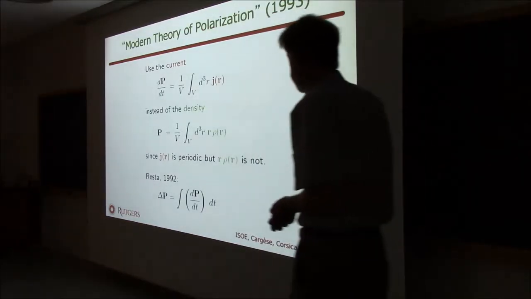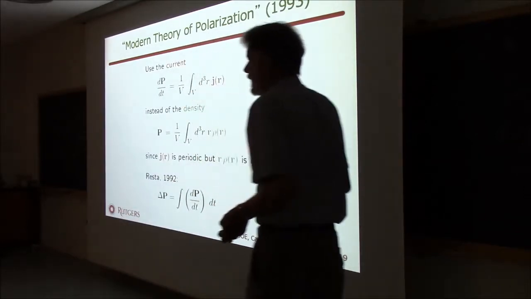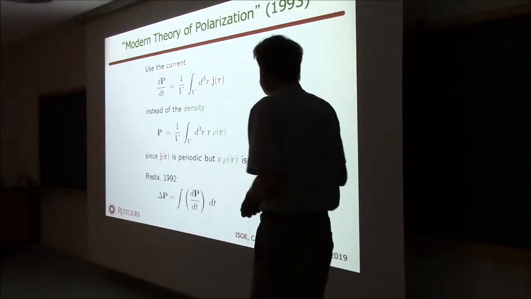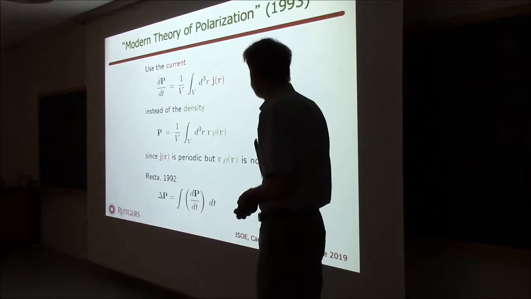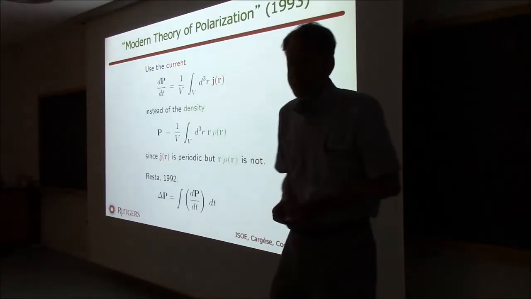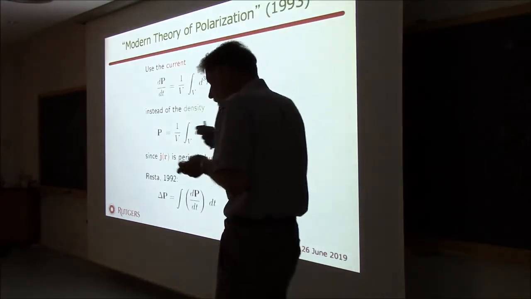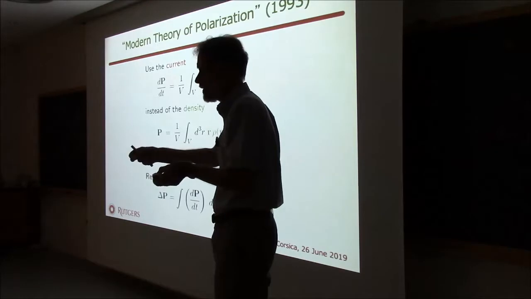Okay, here's the derivation, well, outline of the derivation, and I'm leaving out the heart of the derivation, but this is basically how it went. So in, I think it was 1992, Resta wrote a paper which basically carried out this explanation. He said, let's for a moment not think about calculating the polarization of a given crystal in a given situation.